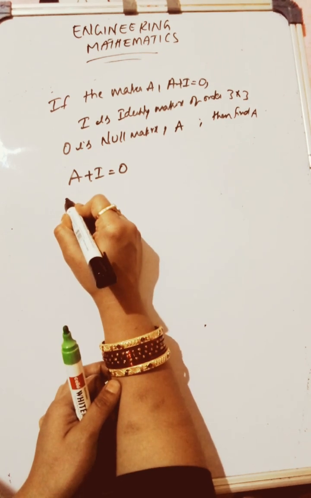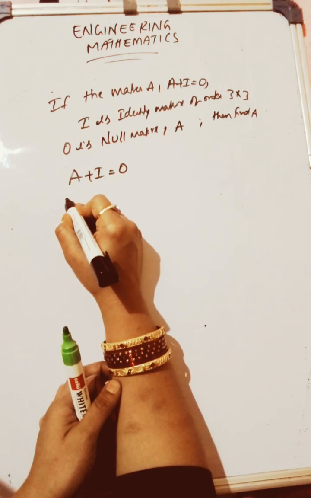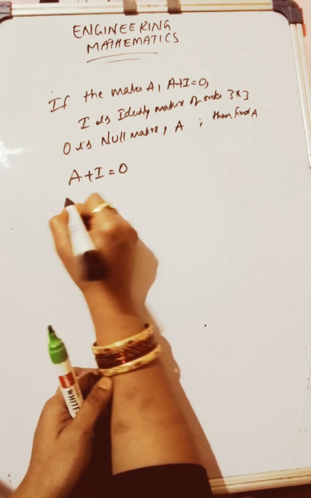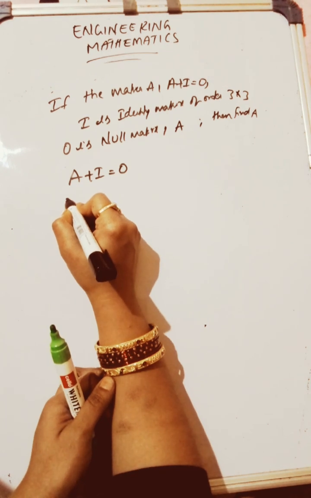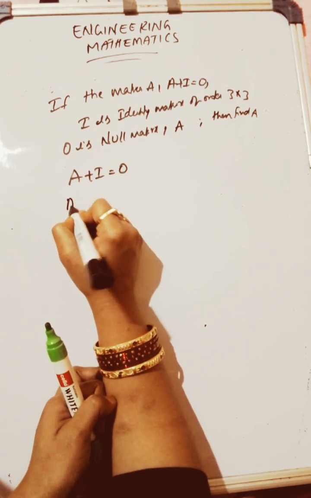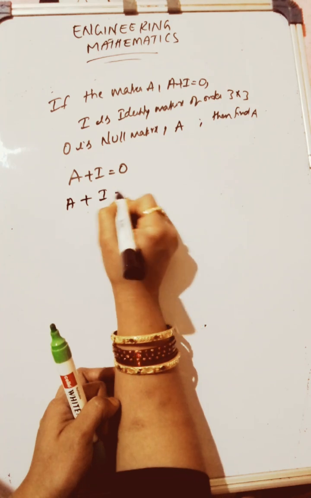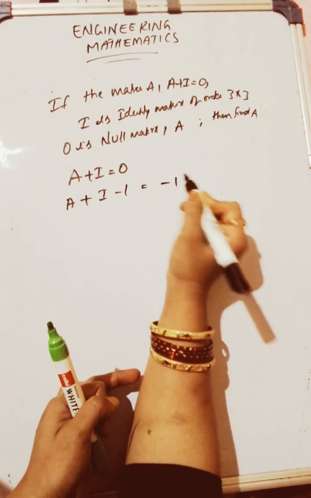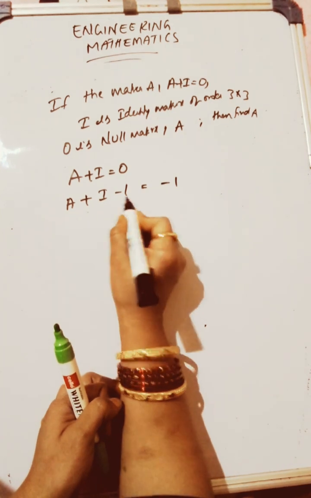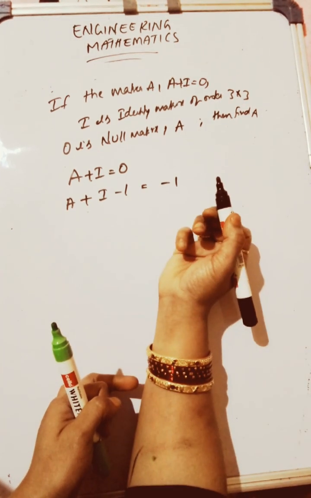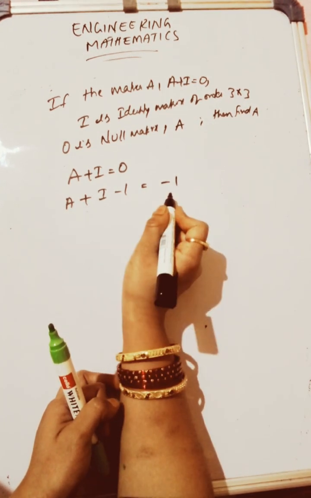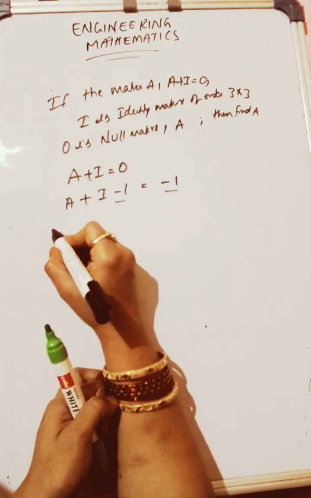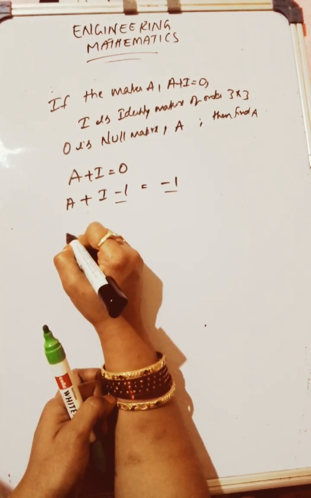To find A, subtract the identity matrix I of order 3 from both sides. A plus I minus I is equal to minus I. The minus gets cancelled, so it won't change anything. So we are just subtracting on both sides.